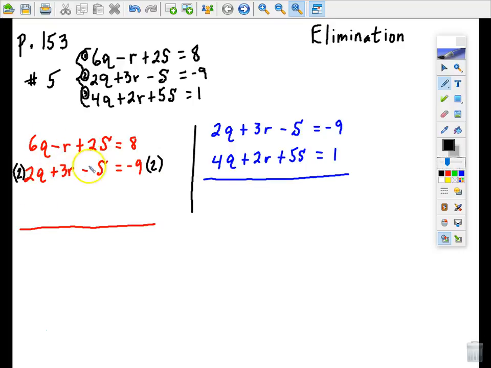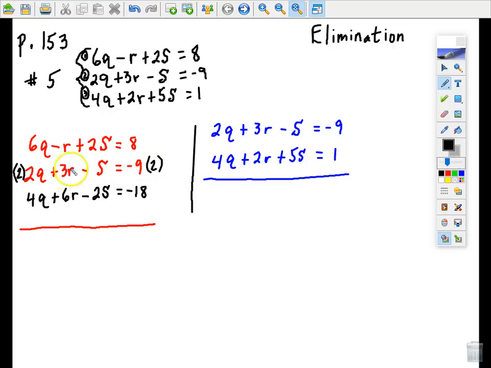I'm not going to change the top, but the bottom will become 4Q plus 6R minus 2S, and that equals -18.